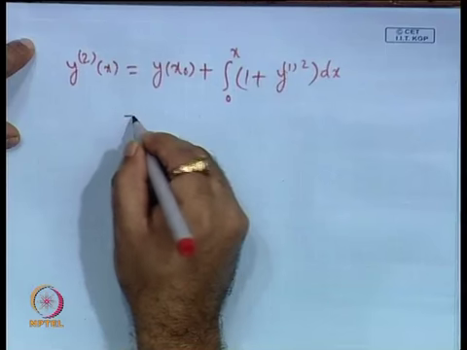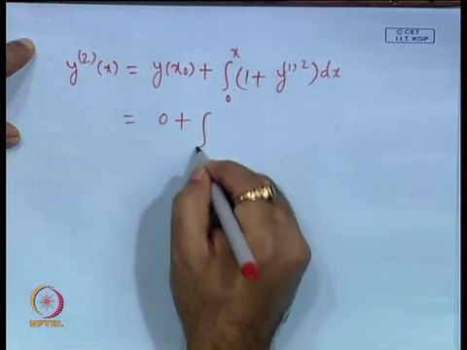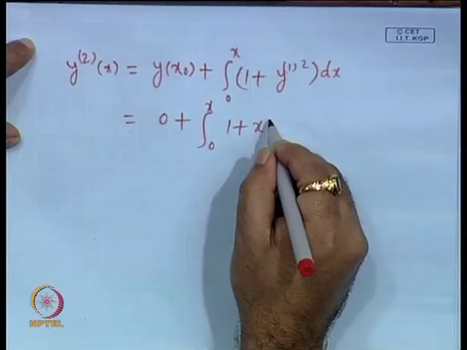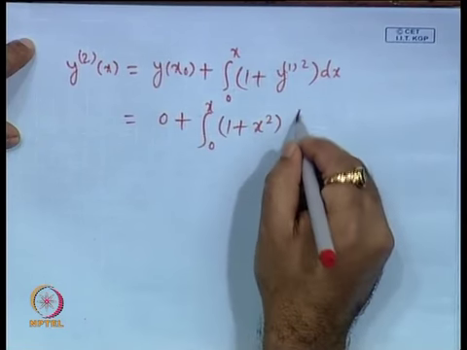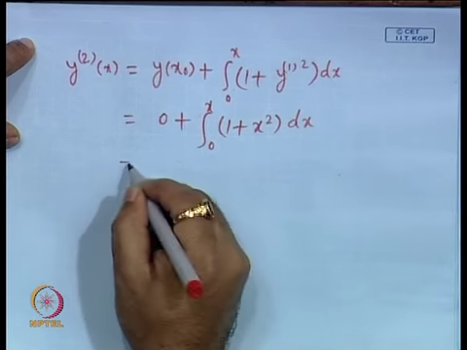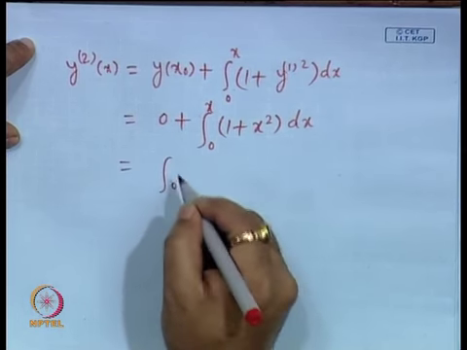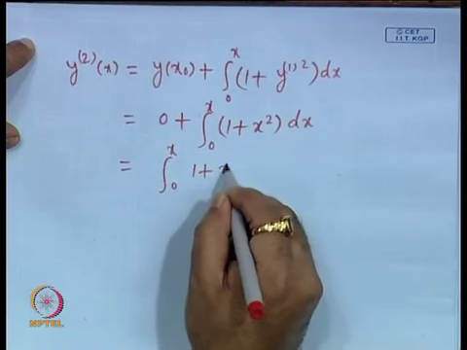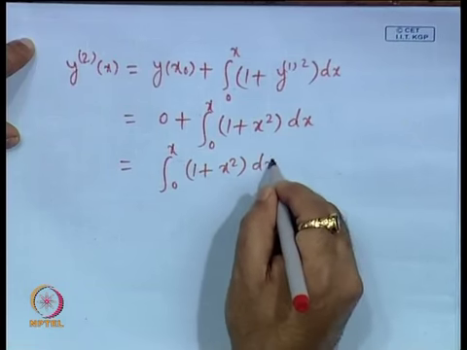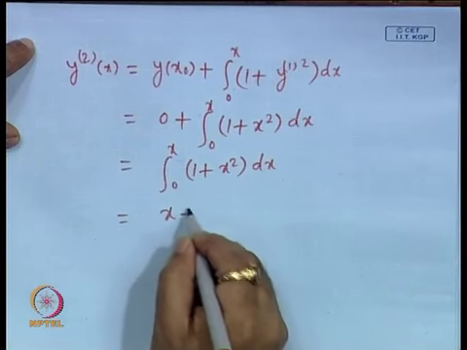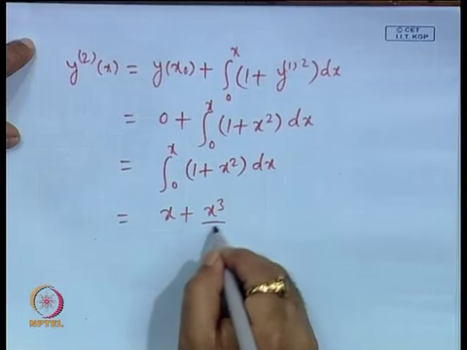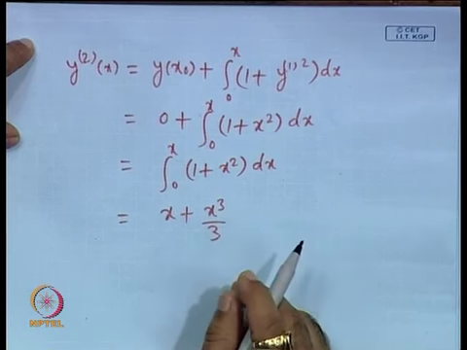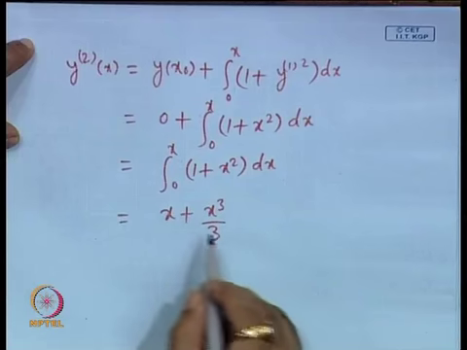Again this is 0, 1 plus y 1 is x, plus, so this is x cube by 3. So, this is our y 2, this is our y 2.